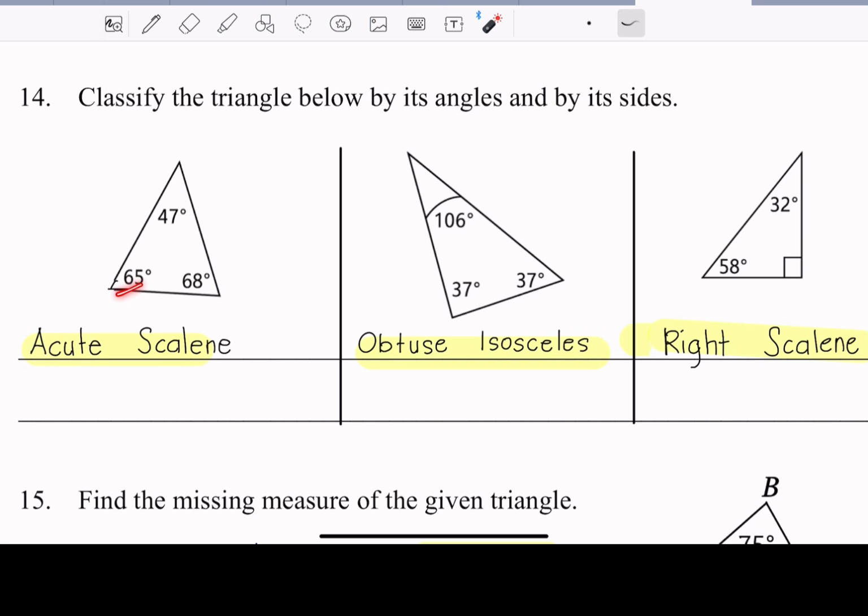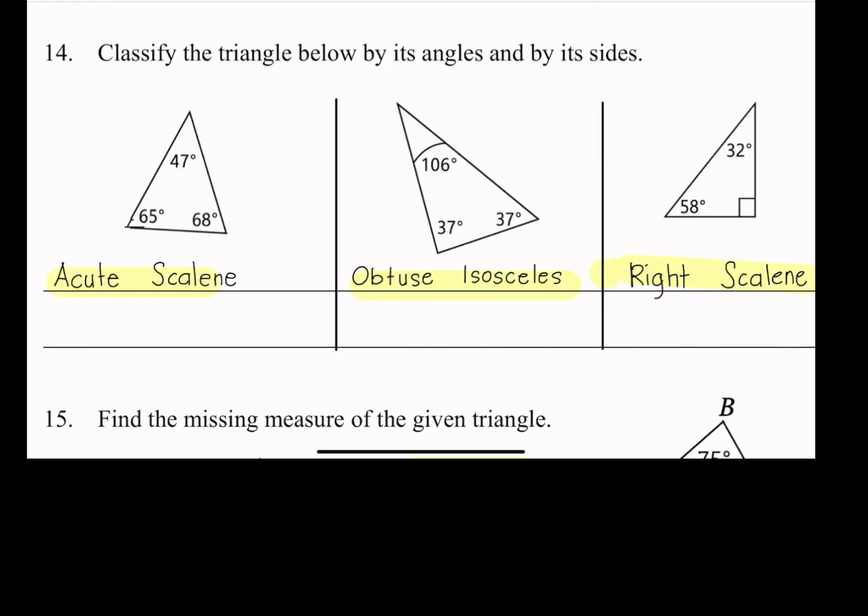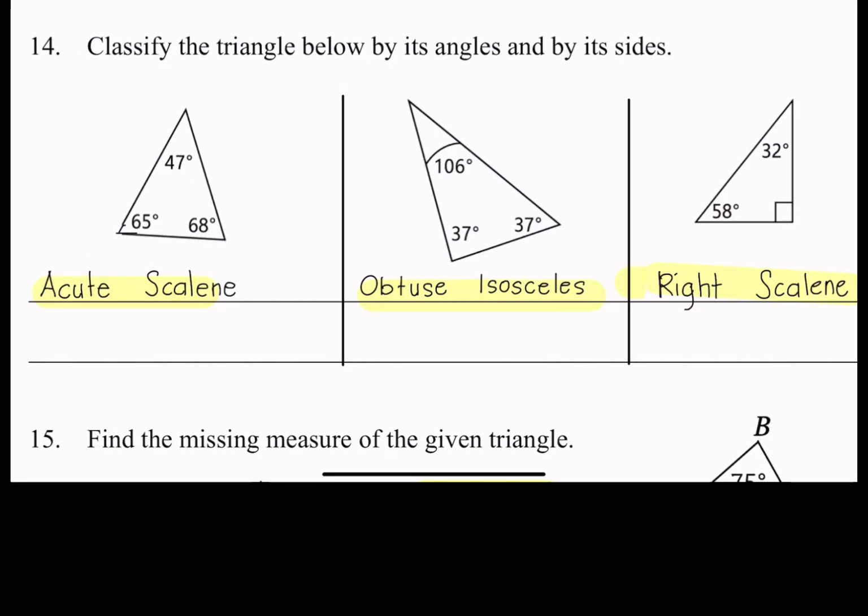Then all angles have different values. Then scalene. Remember, acute is less than 90 degrees. Scalene, 3 different sides. In this case, we have different angles.